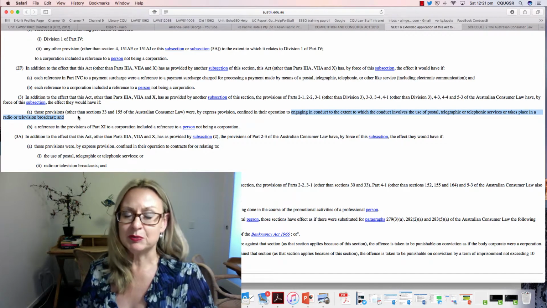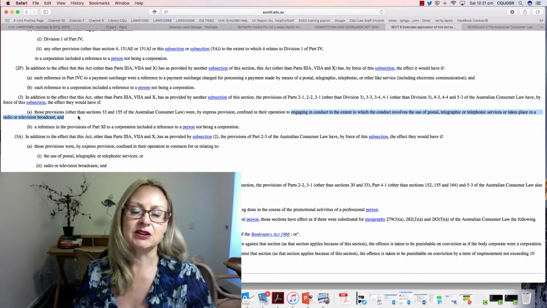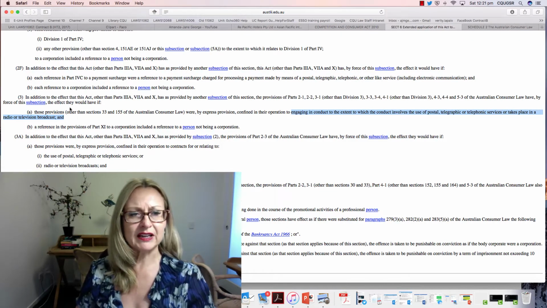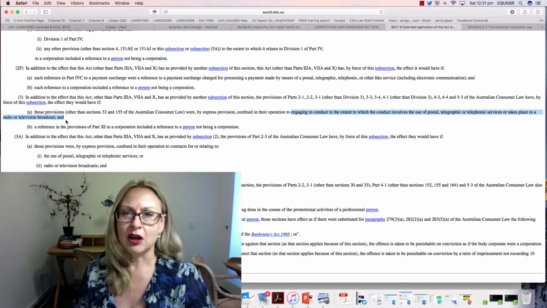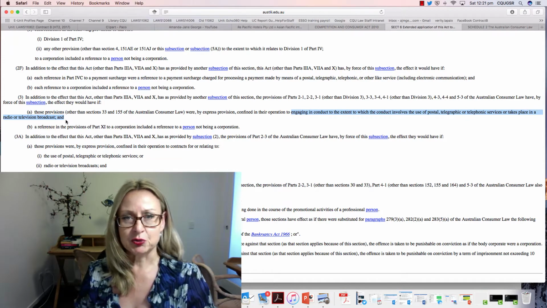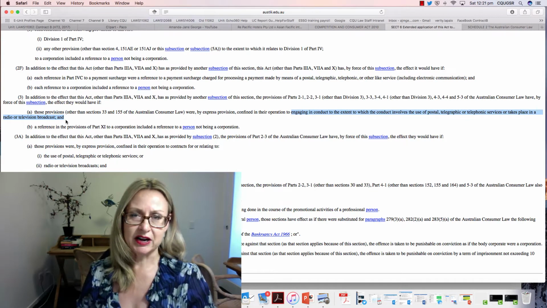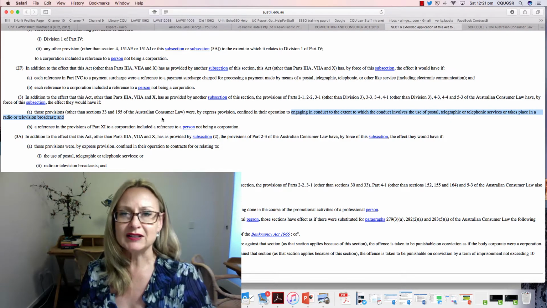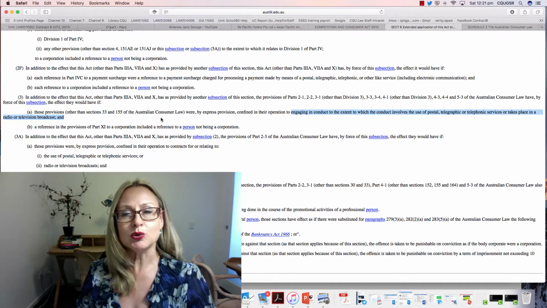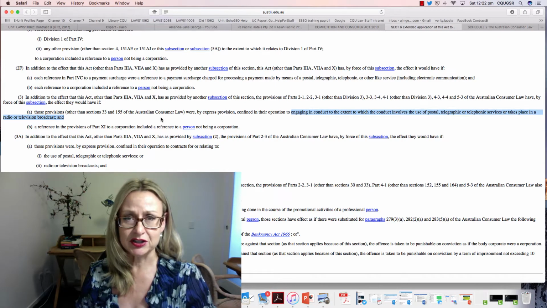The beauty of this particular iteration of our consumer laws is that in 2010, mirroring legislation was enacted by each and every state and territory. And so therefore the legislation applies not just as Commonwealth legislation, but also as state and territory legislation.